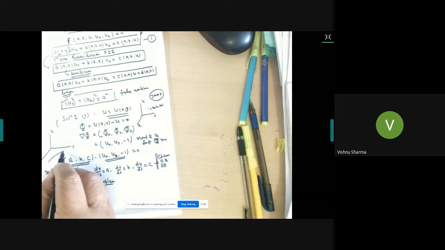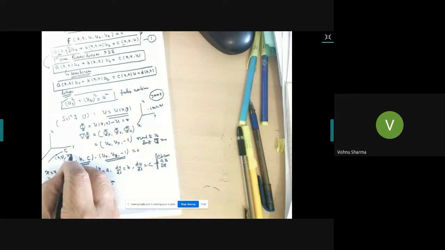I will call it gamma naught. This is the curve specified, and at every point of it, u is specified. This known function is specified. These are the coordinates x, y, and at each point of this, u is equal to u naught of x comma y.